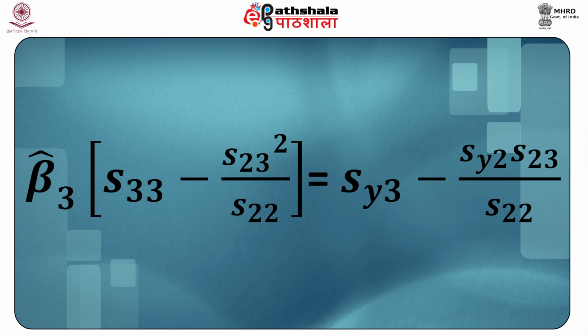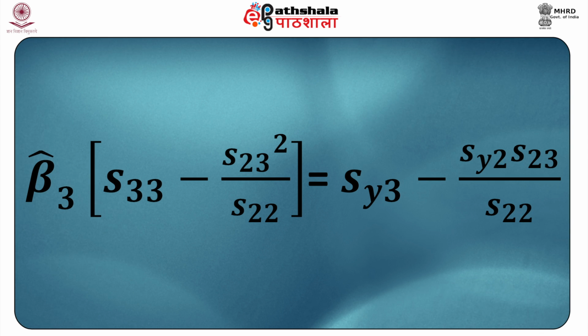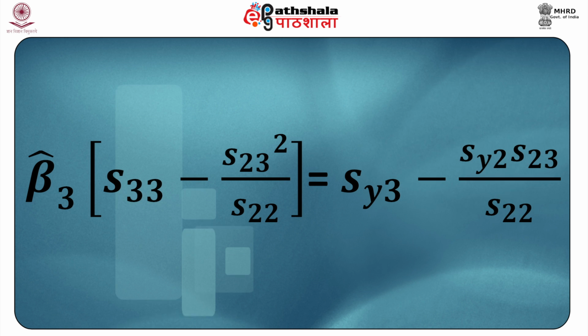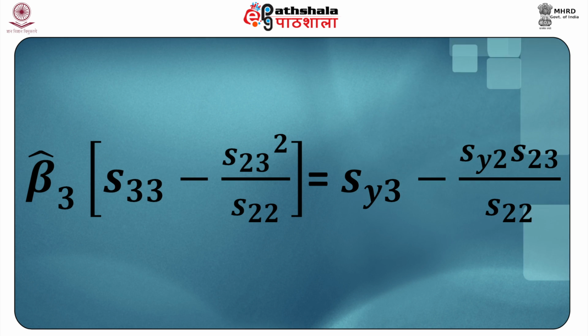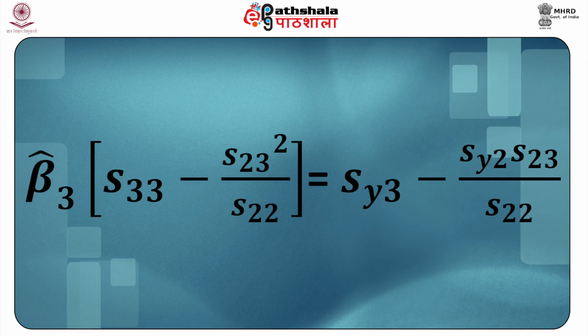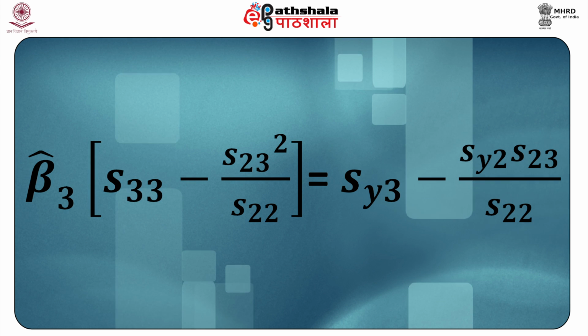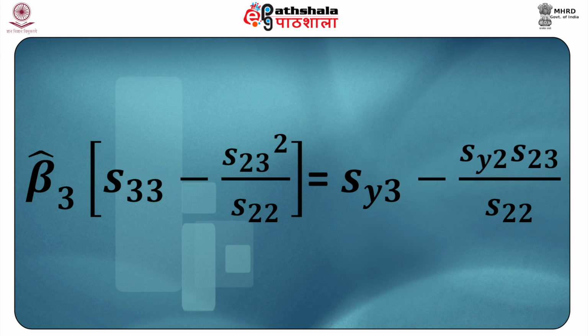And if you simplify this, we obtain beta 3 hat into S33 minus S23 square upon S22 is equal to Sy3 minus Sy2 into S23 upon S22.